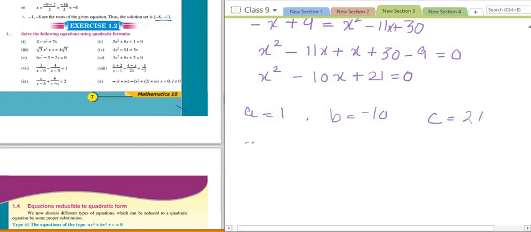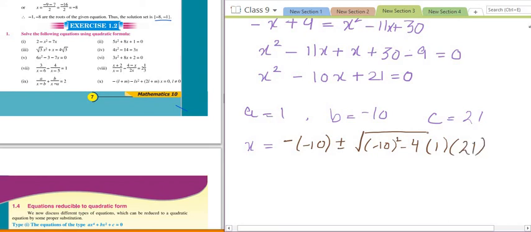Just apply the formula. x equals minus b plus minus square root of b square minus 4ac divided by 2a.